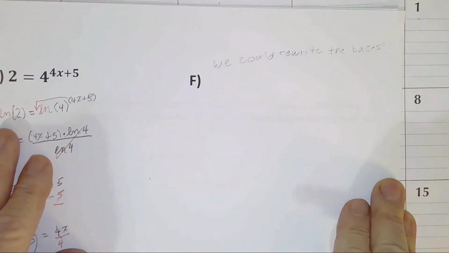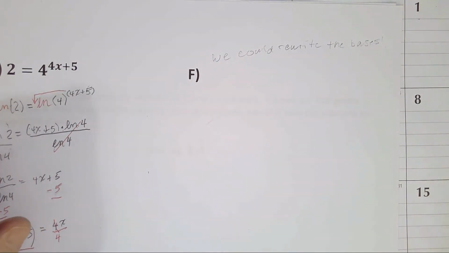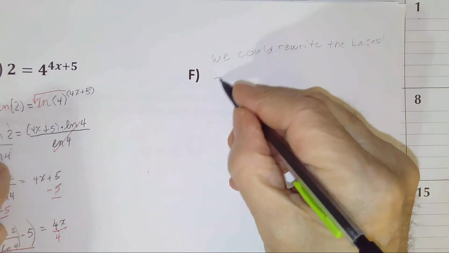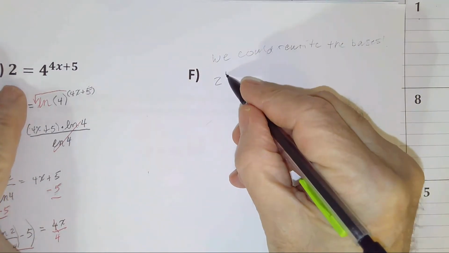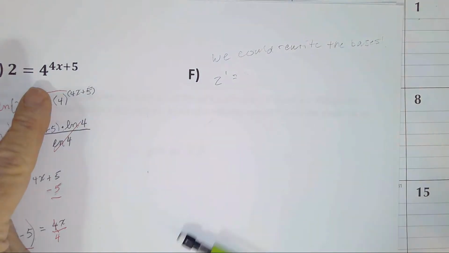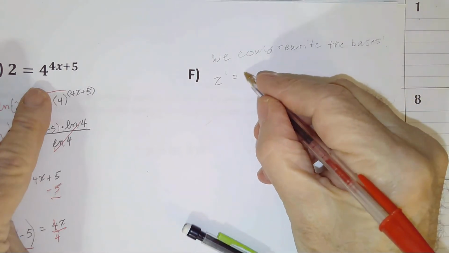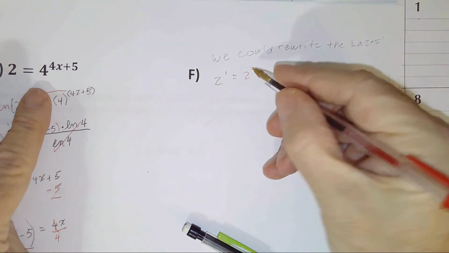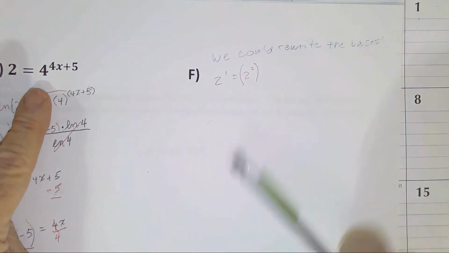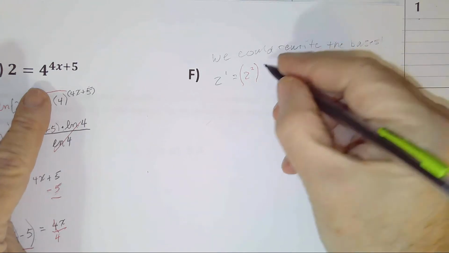Let me bring that down. And so I could rewrite this as 2 to the 1 equals, and then this would be, 4 is of course 2 squared, so 2 squared to the 4x plus 5.